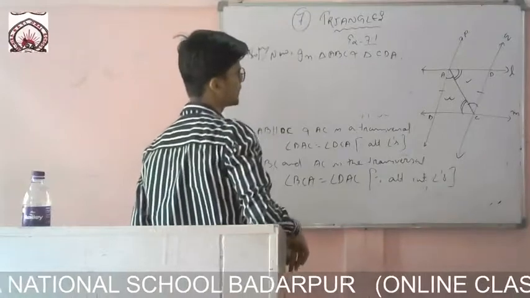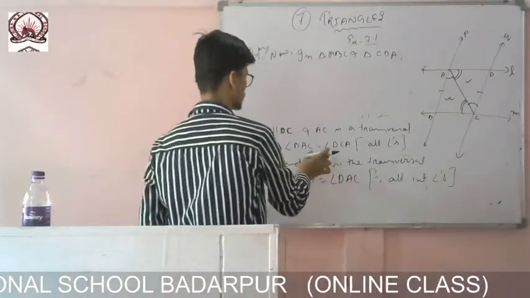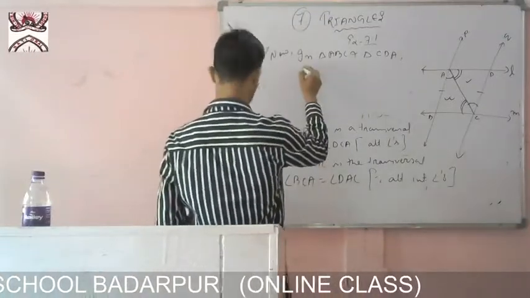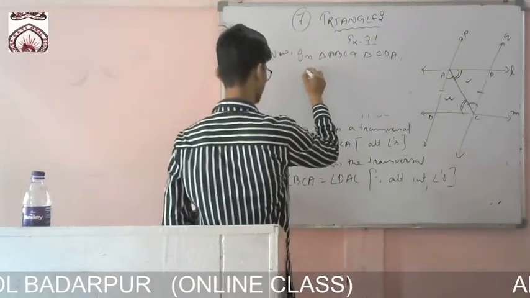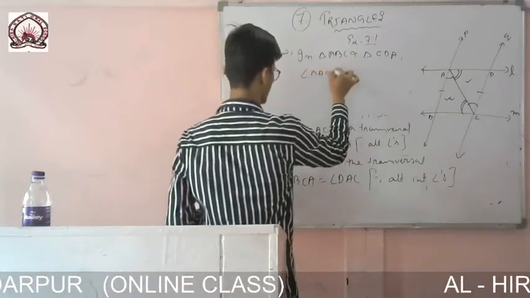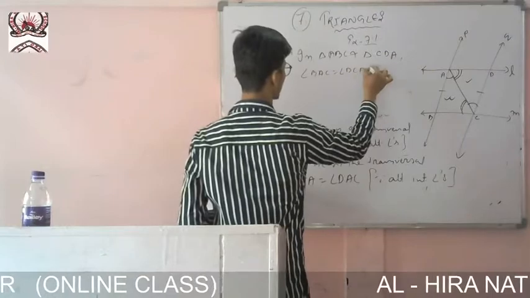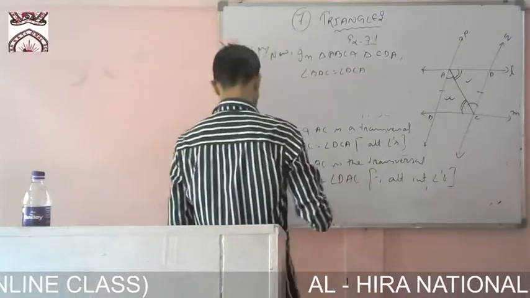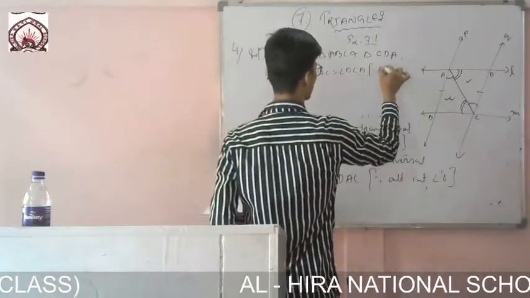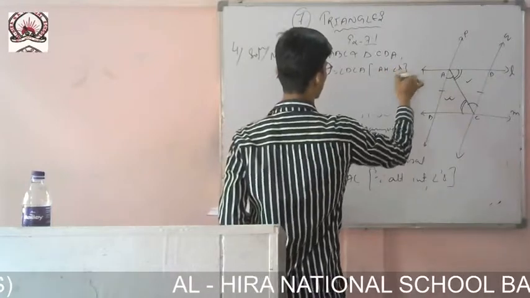in triangle ABC and CDA, we have two angles equal. Angle BAC equals angle DCA; the reason you write is since alternate angles. Angle BCA equals angle DAC; the reason is since alternate angles.